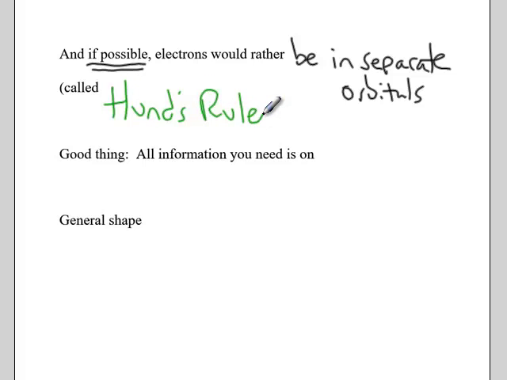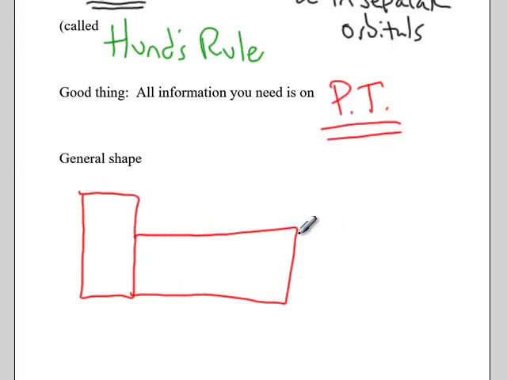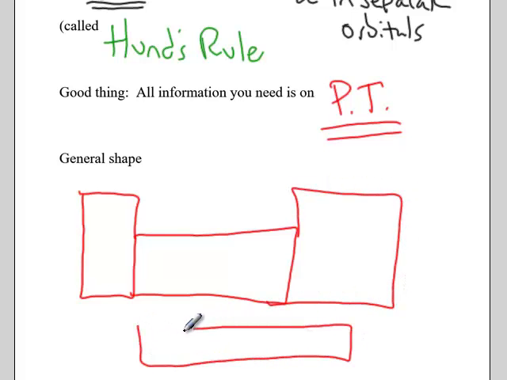So it seems quite complicated, but the nice thing is all the information that you need is found directly on the periodic table. All of the rules for quantum numbers are hidden inside the shape of the periodic table. The general shape is basically four basic rectangles like this.